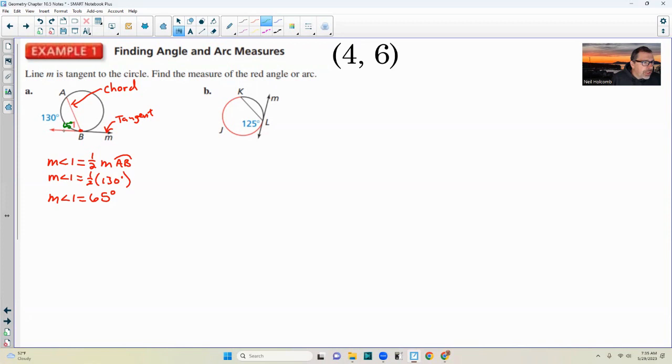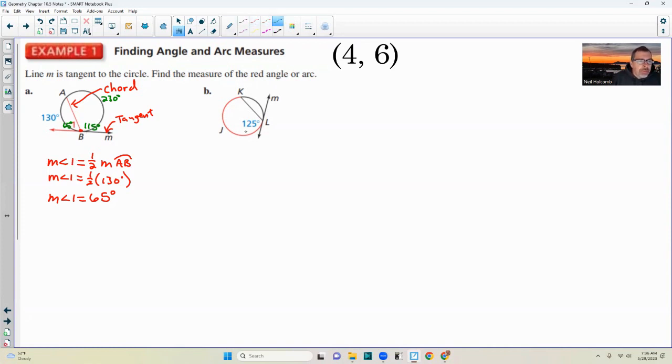Since this is a straight line, these are a linear pair. 180 minus 65 is 115 degrees. Double that and you get 230 degrees over here. 130 plus 230 is a full circle, 360. So given one arc measure or one angle measure, you can find the other angle and the other arc.